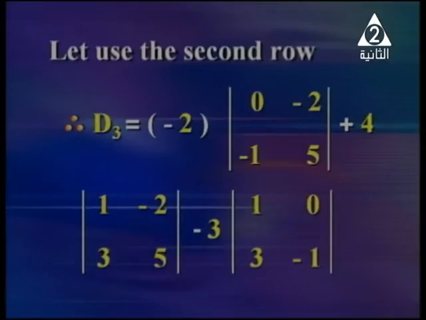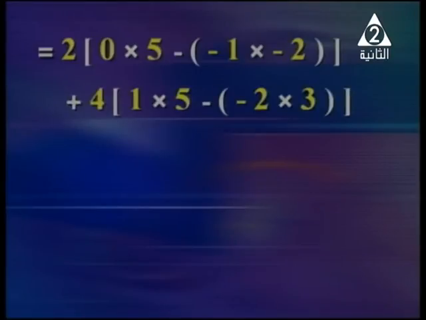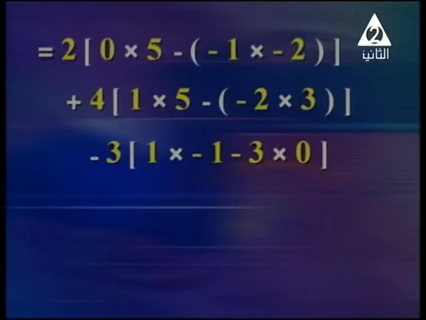Look, dear student, by using cross multiplication, negative 2 times bracket 0 times 5 minus negative 2 times negative 1, plus 4 multiply bracket containing cross multiplication 1 times 5 minus negative 2 times 3, minus 3 multiply bracket containing cross multiplication 1 times negative 1 minus 3 times 0.